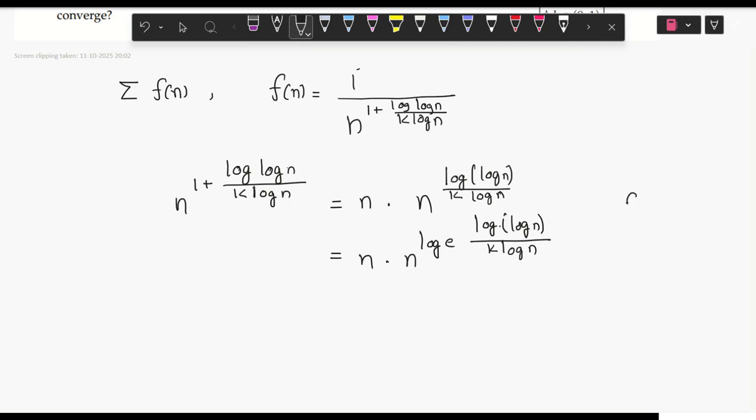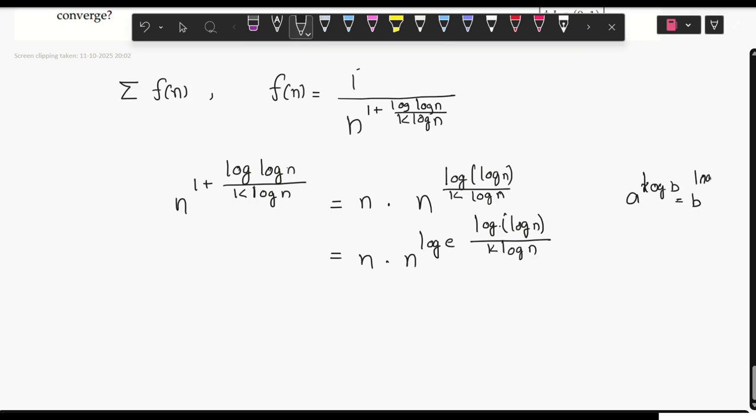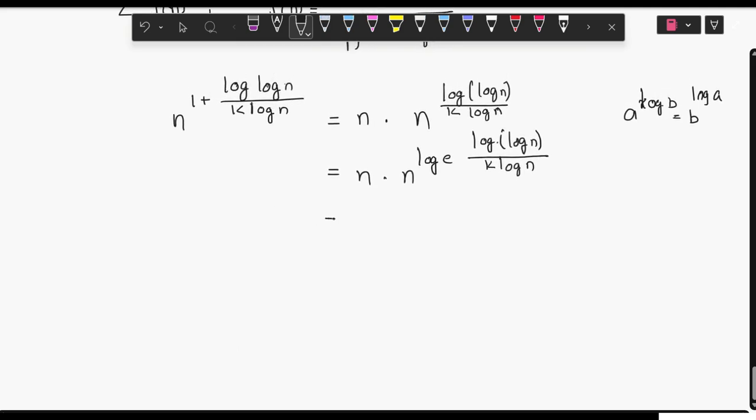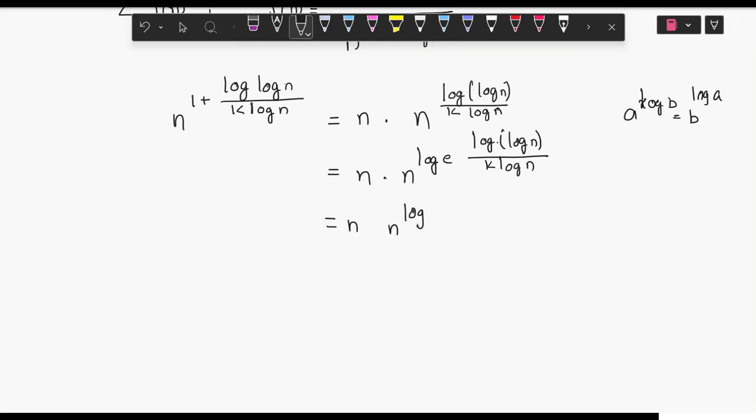Now a to the power log b can be written as b to the power log a, right? So I'm changing it as n to the power log e is whole to the power log of log n over k log n.